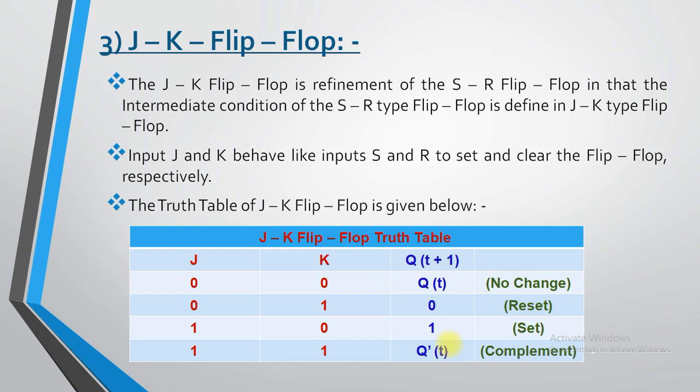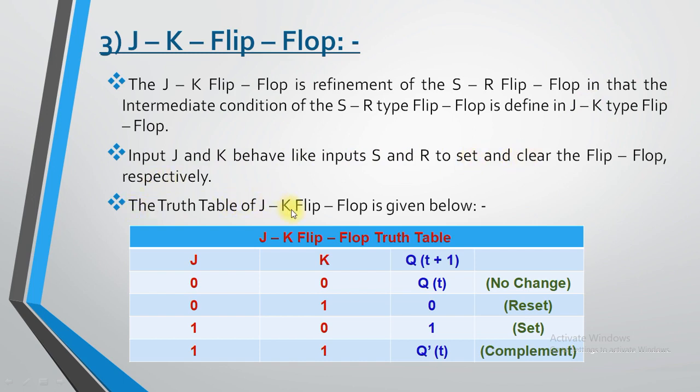If the QT value is 0, then Q dash T would be 1 and vice versa. The JK flip flop is the refinement of the SR flip flop, in that the intermediate condition of the SR type flip flop is defined in the JK flip flop. Inputs J and K behave like SR inputs, like set and clear.